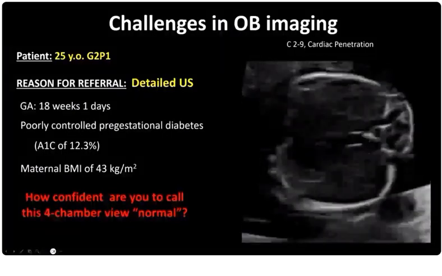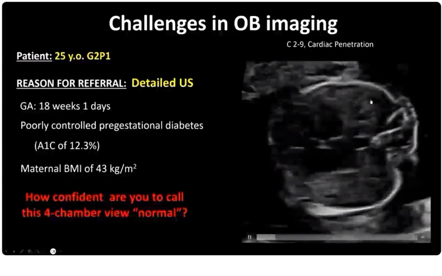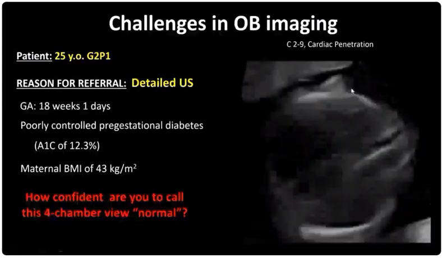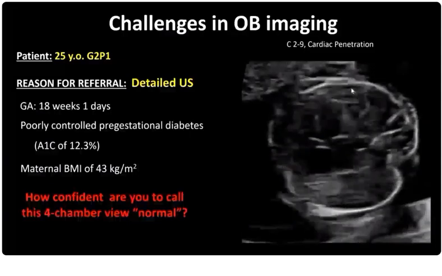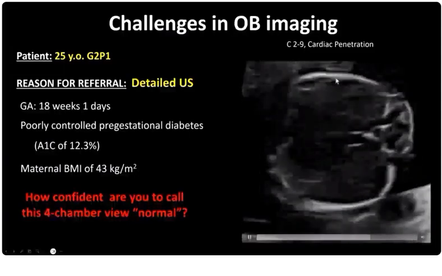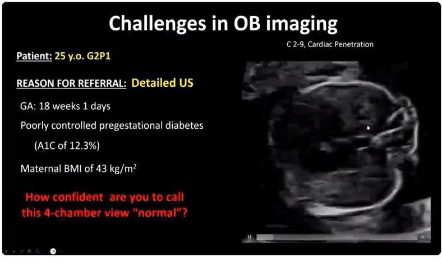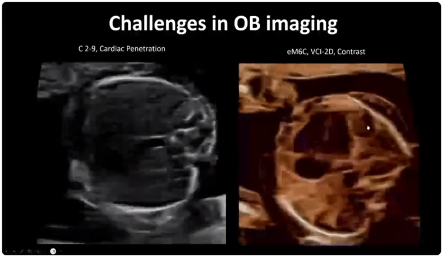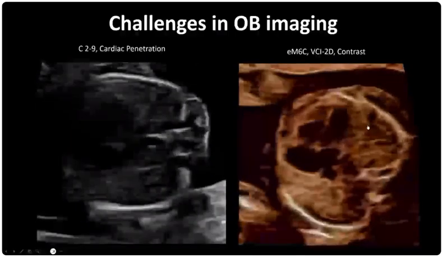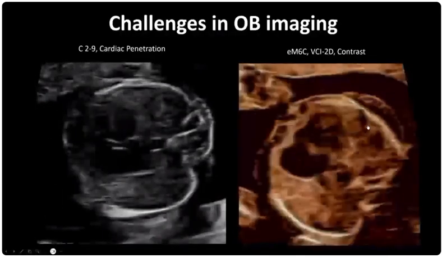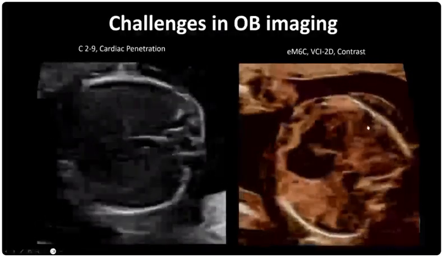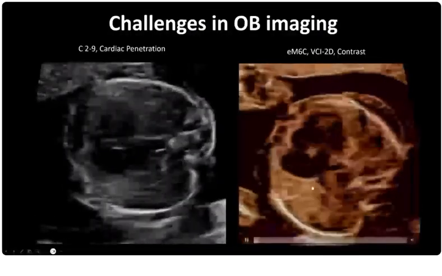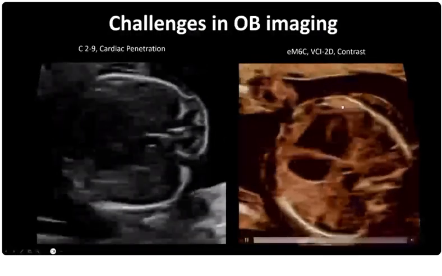Looking at this four-chamber view, and to be exact, the axial plane of the fetal chest at the level of the four-chamber view, we can visualize that the heart is beating, but we cannot see much detail. You can see how dramatically the situation changes when we apply the VCI 2D in the contrast setting. We can visualize that the axis of this four-chamber view, the cardiac axis, is deviated significantly left.